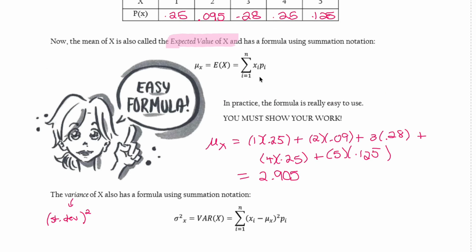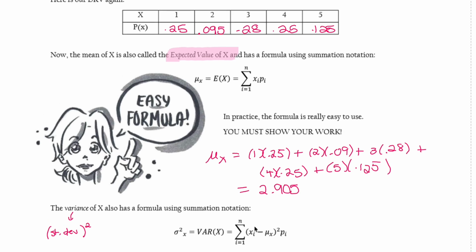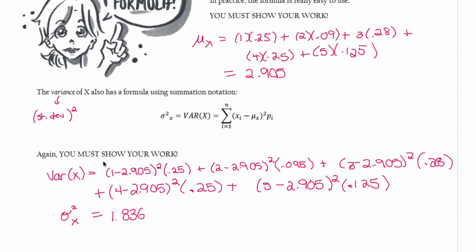Notice the difference compared to the expected value of x. Instead of using x sub i times p sub i, we used x sub i minus mu sub x. We want to find the difference between the real value, the value for each x, and its corresponding expected value. So again, you must show your work.